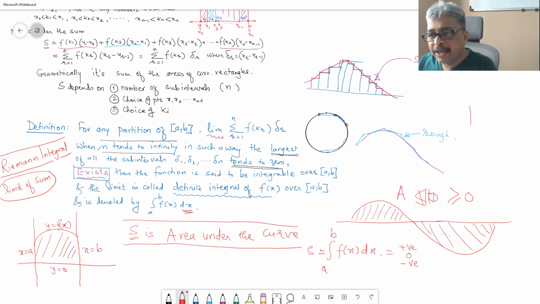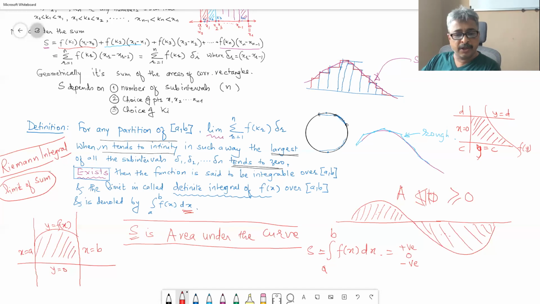If it is y, dy, then maybe this is c, this is d, and the area curve is like this. Then you may be talking about this area, f of y, y is equal to c, y is equal to d, and x is equal to 0. So you are talking about this area or this area, and how do we find out whether with respect to x or with respect to y?